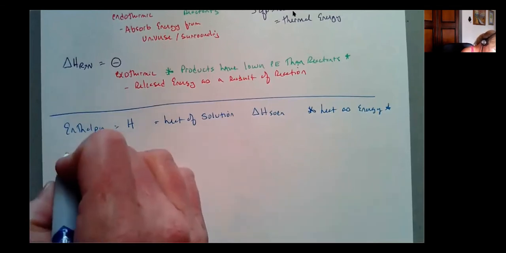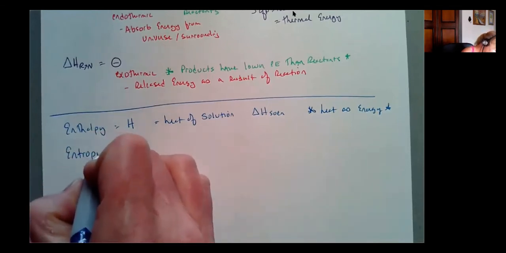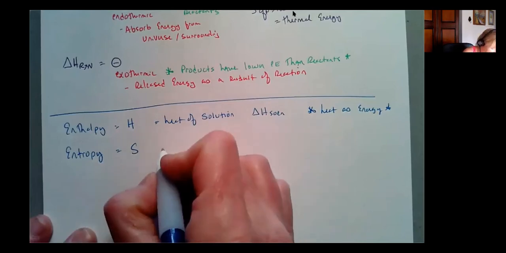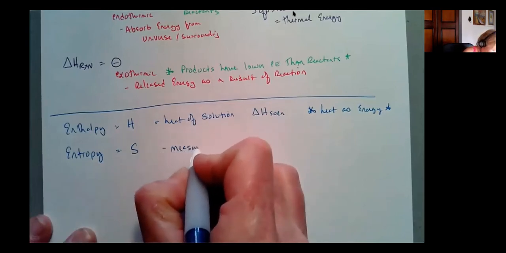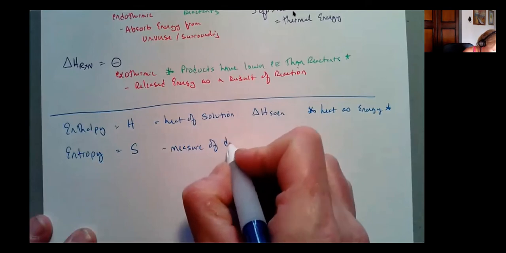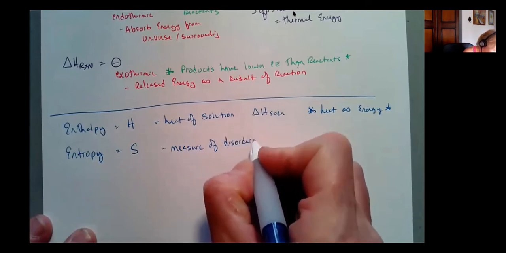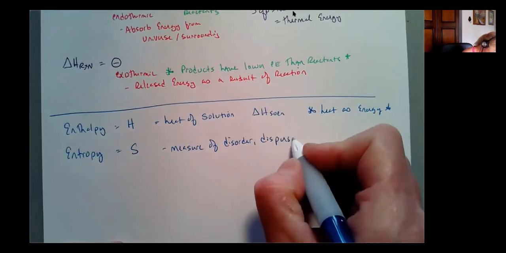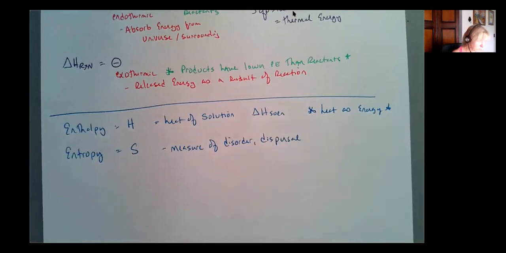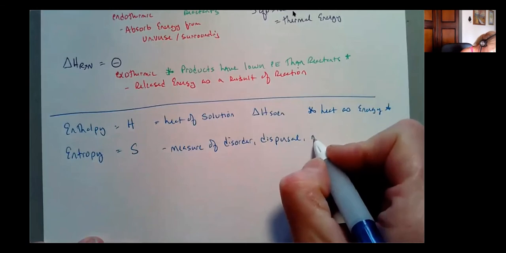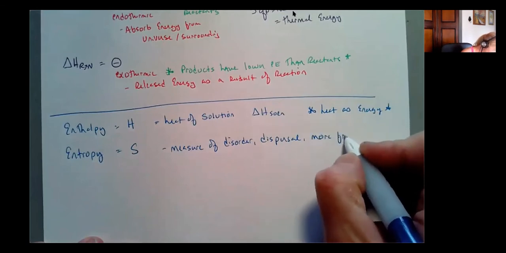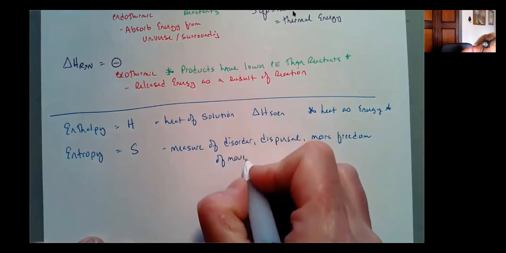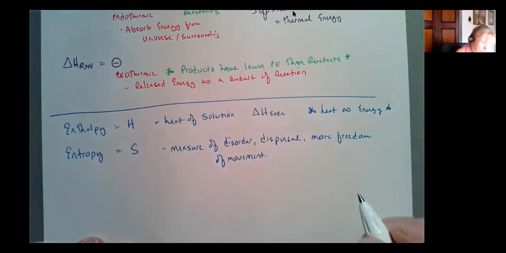My other term is entropy, and entropy is S. And entropy is a measure, it's not heat, a measure of disorder, dispersal. So if I allow things to disperse, more movement, more freedom of movement, all that is entropy.